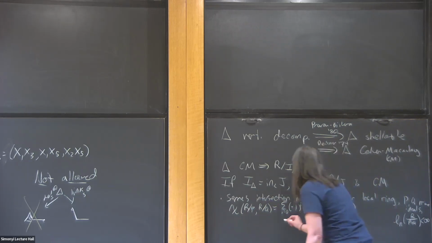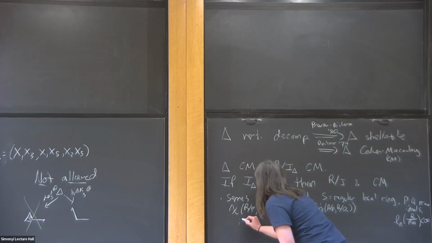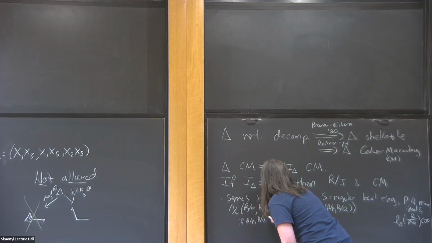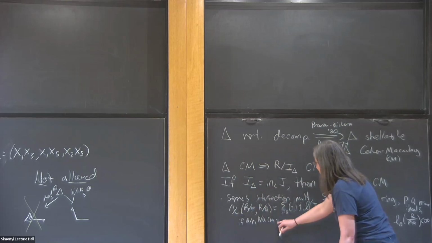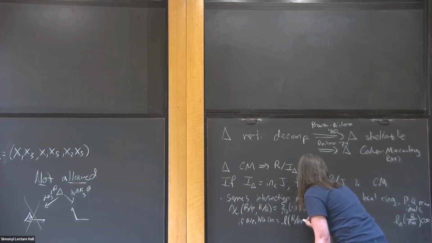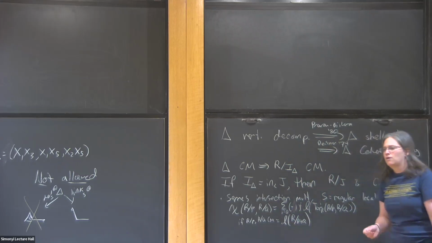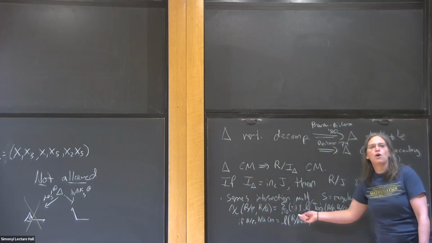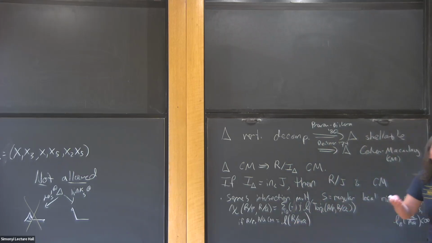Where does Cohen Macaulayness come into play? So if S mod P, S mod Q are Cohen Macaulay, then this is just equal to Tor 0, which is just this length. This is kind of what you would hope the multiplicity would be.